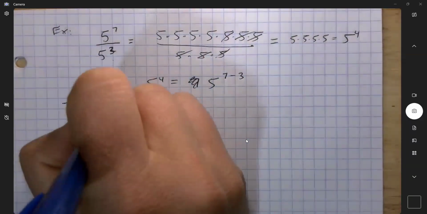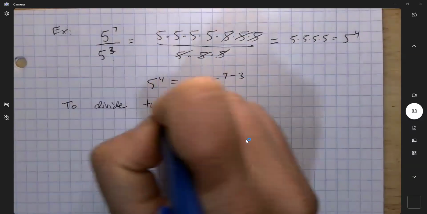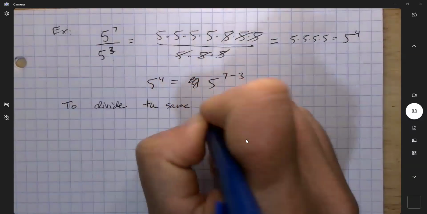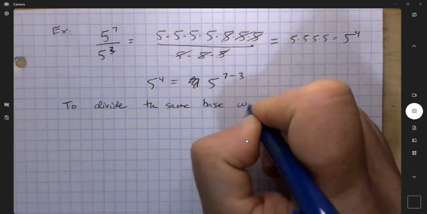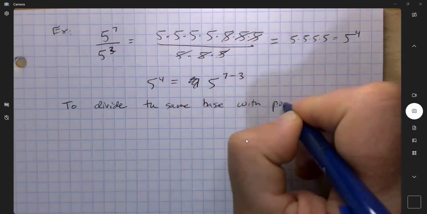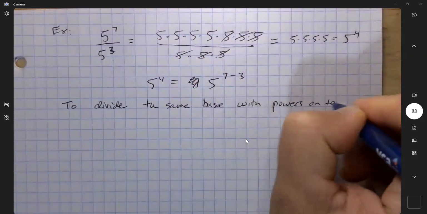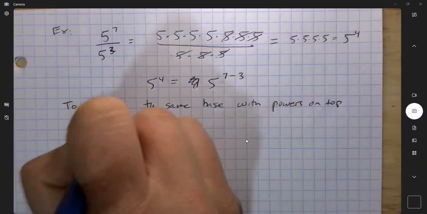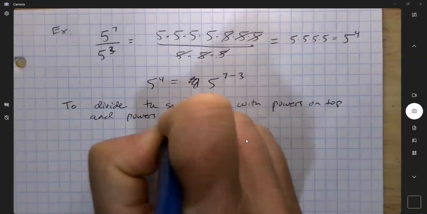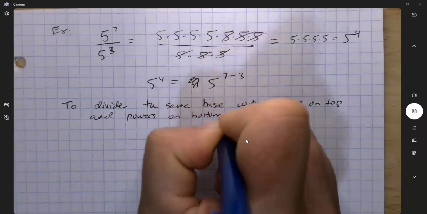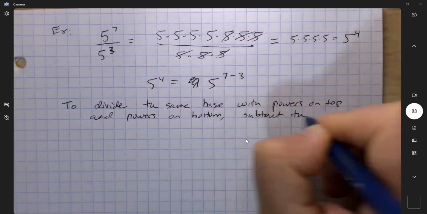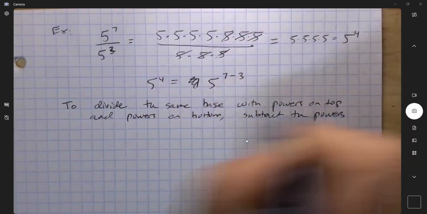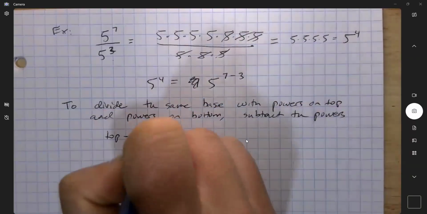So to divide the same base with powers on top and powers on bottom, you just subtract the powers, top minus bottom.